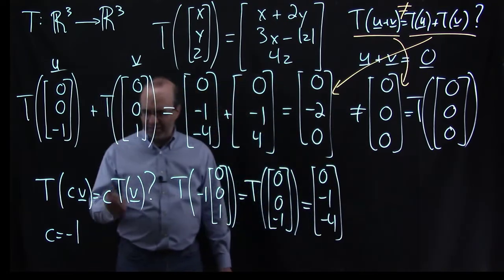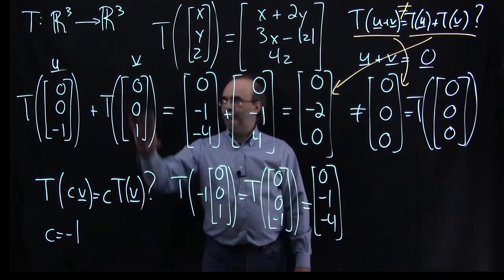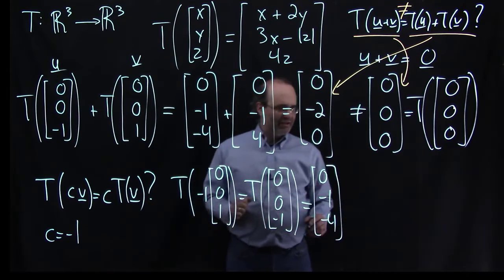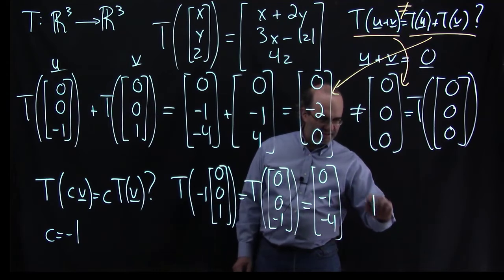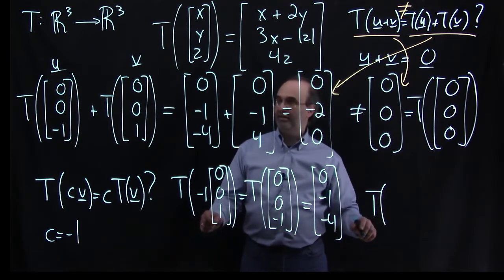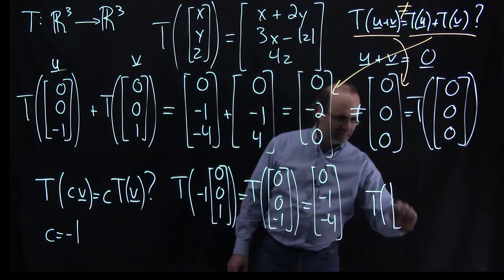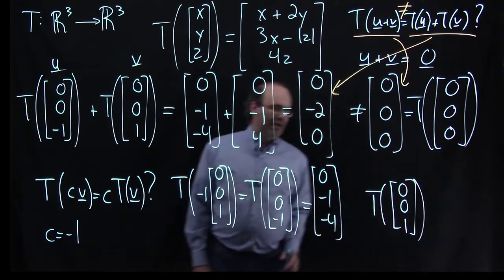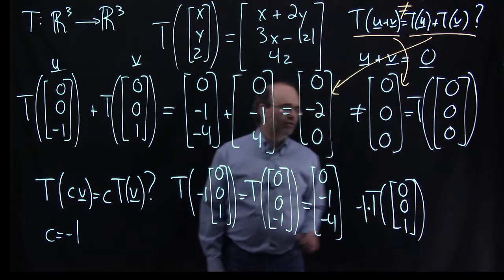What about the right-hand side? What is c times T of v? When v is this vector, T of v is this one. So v is (0, 0, 1), and c is -1, so I put a -1 in front.